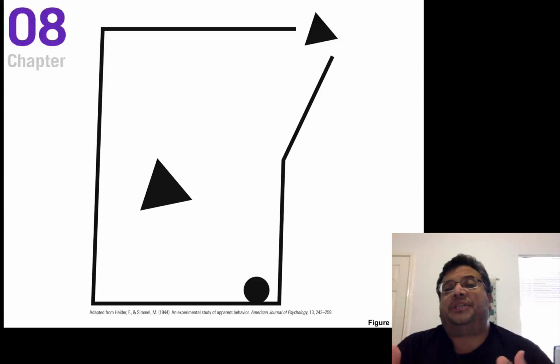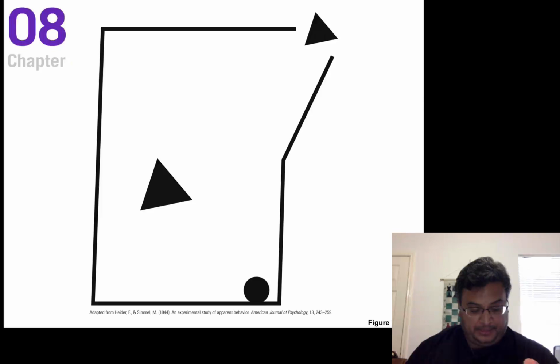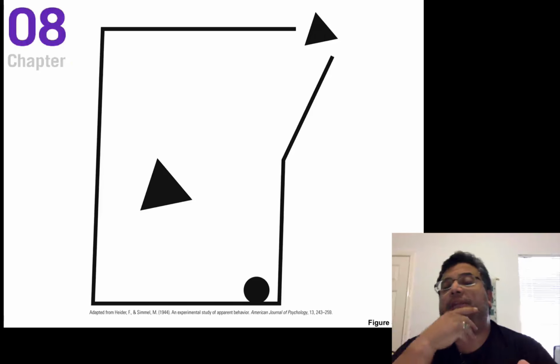When we watch things move, we tend to ascribe to the objects moving intentions and motivations. So this picture here is from an old study that was done back during World War II.